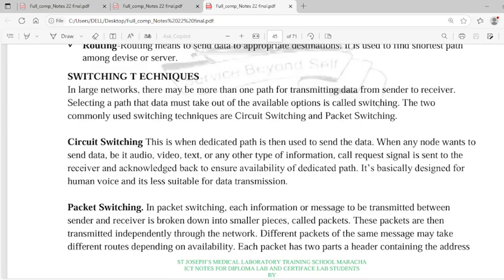So, the act of selecting a path that must be taken out of other available options is switching. Switching is of two types. We have circuit switching, then we also have packet switching.